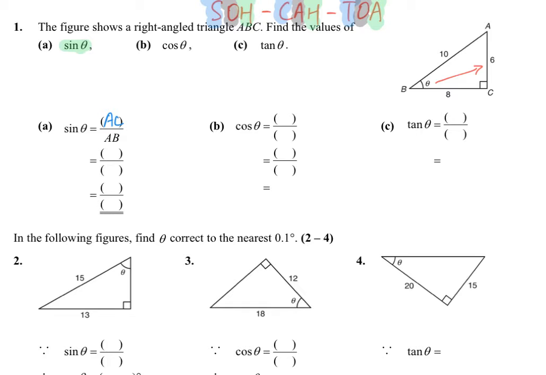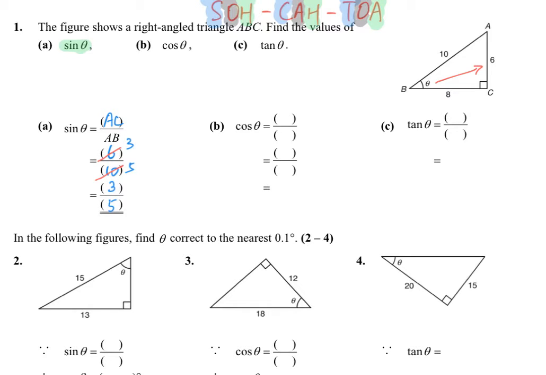So AC equals 6, AB equals 10. You can simplify by dividing by 2, so you get 3, and 10 divided by 2, you get 5. So the final answer should be 3 over 5.